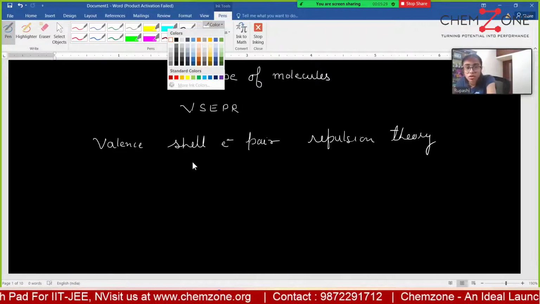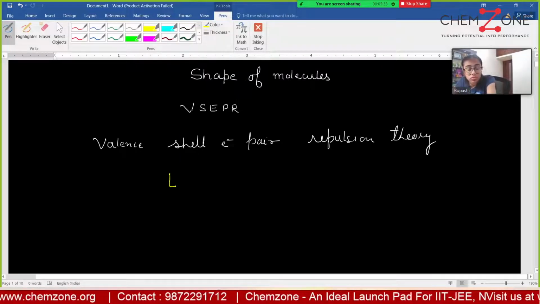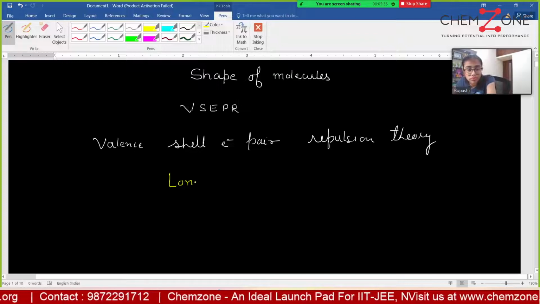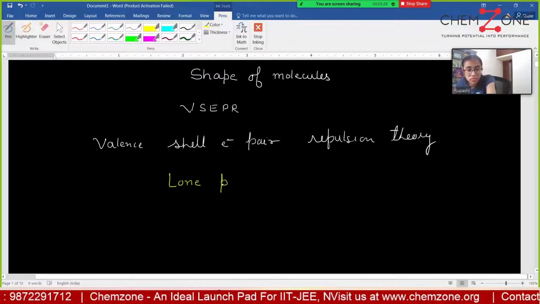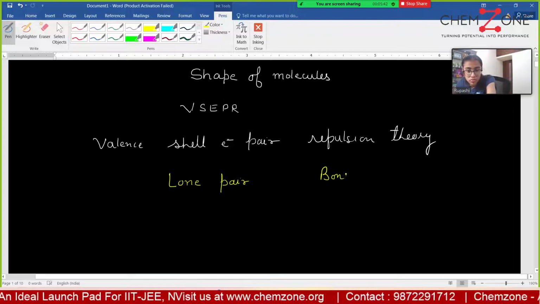According to this theory, a molecule has some lone pairs of electrons and some bond pairs of electrons.